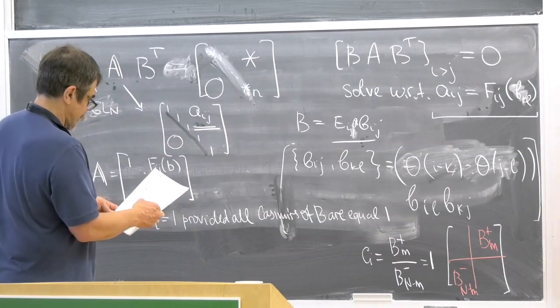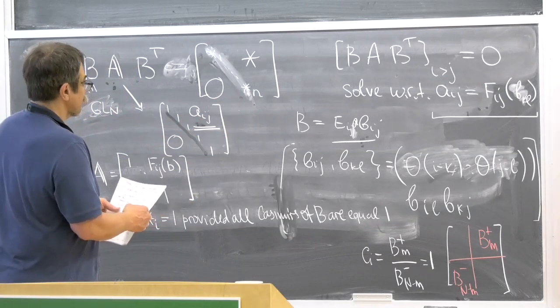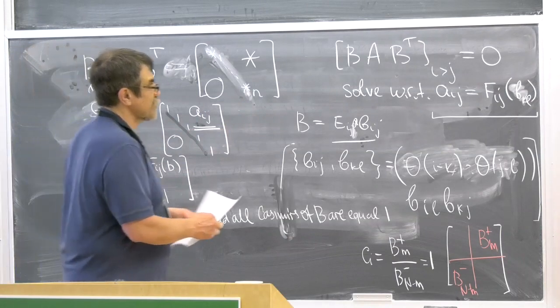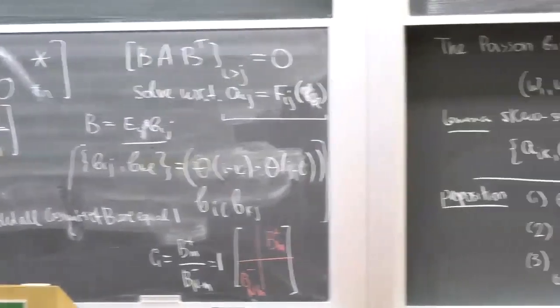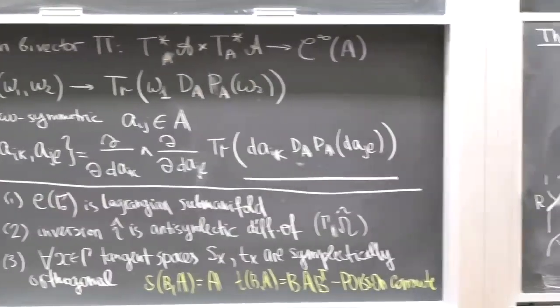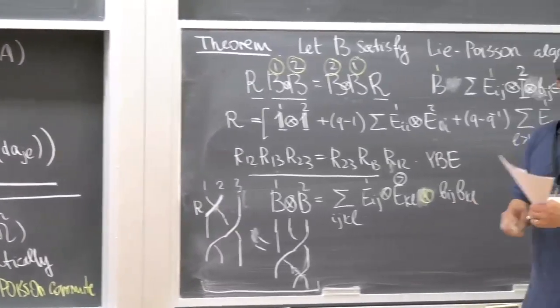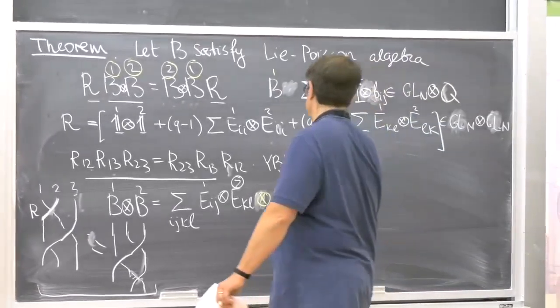Second, I don't know what to do because I have something hidden there. May I just erase this Yang-Baxter part because it's pretty much standard.